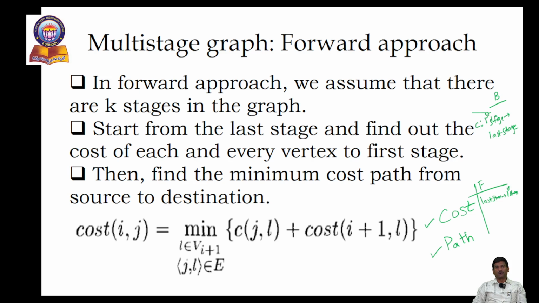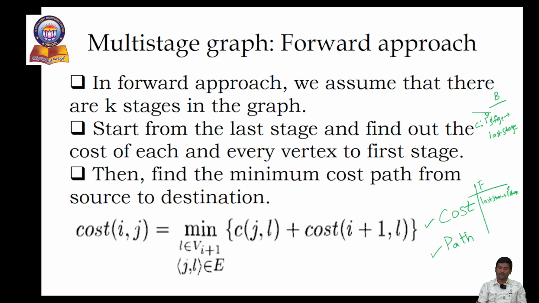When you need to find the cost using the forward approach, just as a hint, it is from the last stage to the first stage. And coming to the backward approach, you need to start from the first stage to the last stage in order to find the cost.